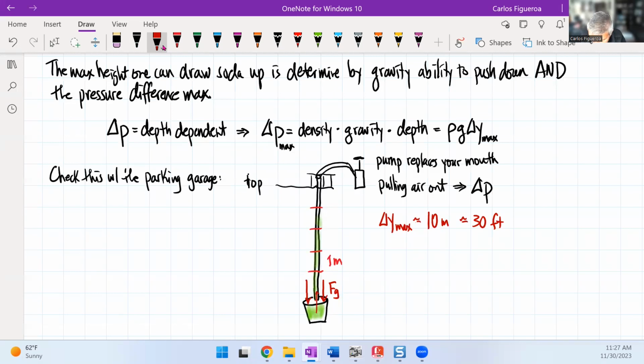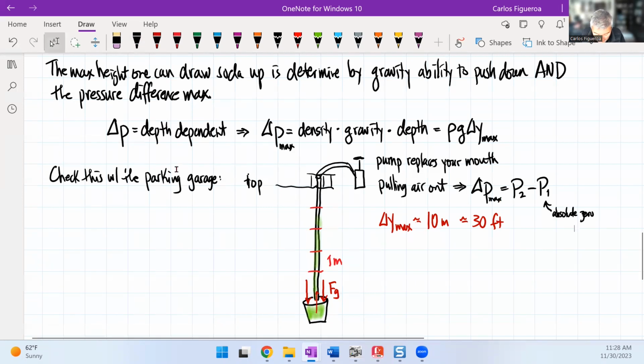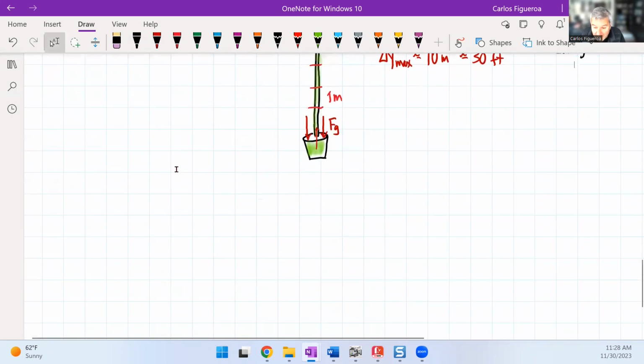A lot of it depends on this pressure difference. The only way you can get this max pressure difference is if the initial pressure gets to essentially absolute zero in order to get that maximum height. So that's a little bit of a field trip.